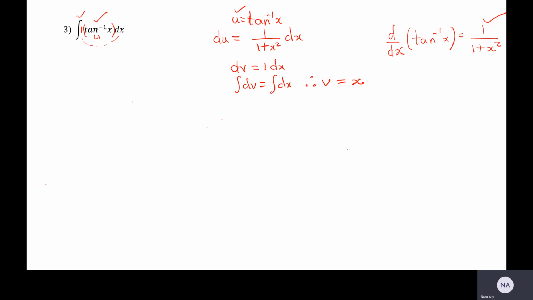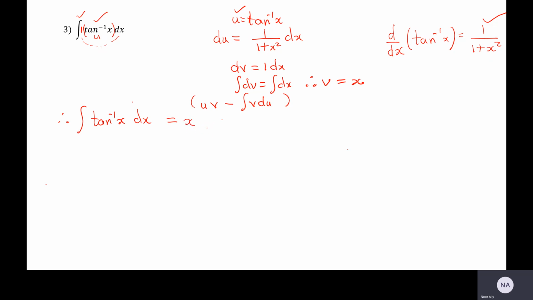Now I have the u, du, v and dv, therefore I can apply my integration by parts, integral of arctan of x dx. In other words, use my formula uv minus integral v du. I'm just going to put that up there. What's my u? Arctan x. What's my v? x.